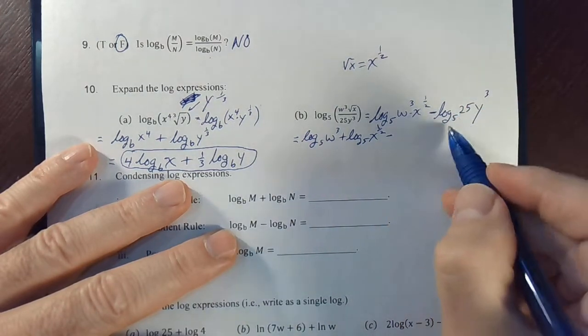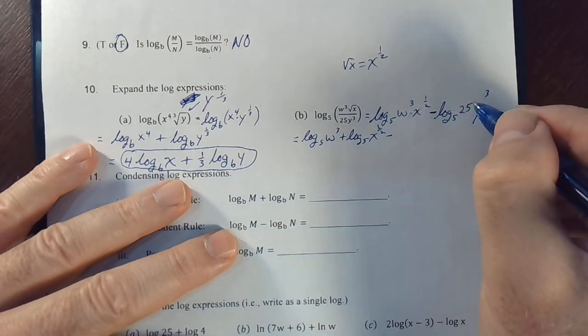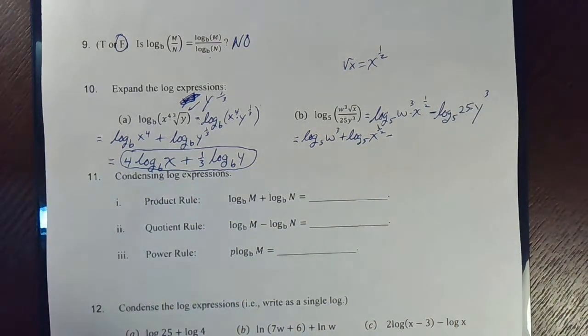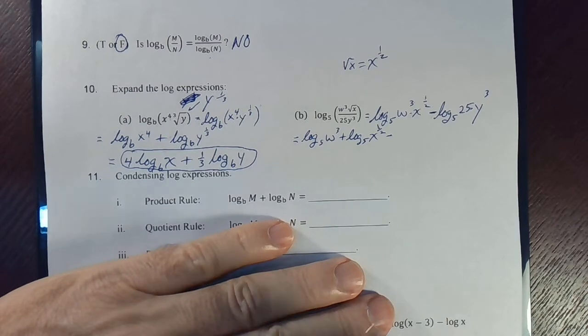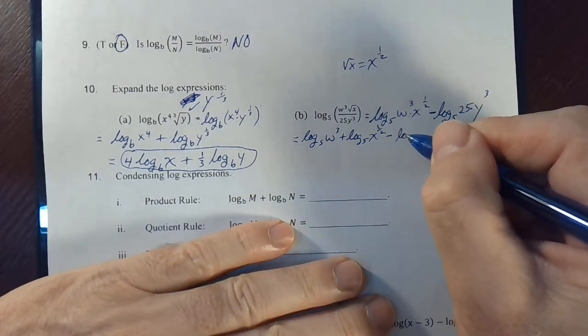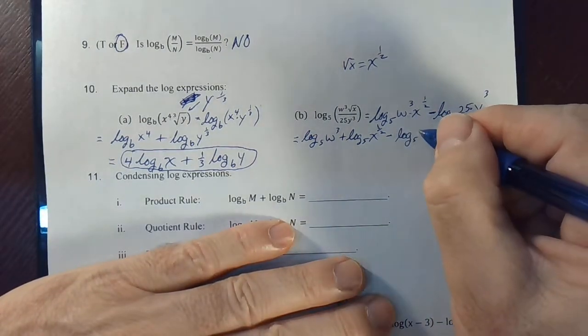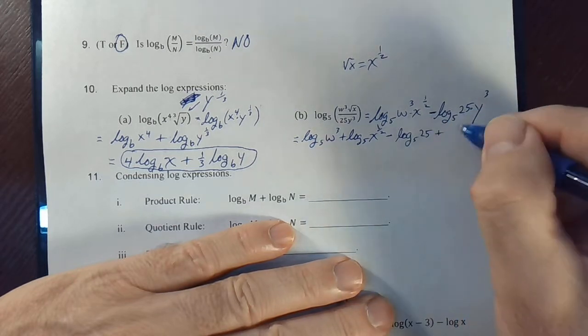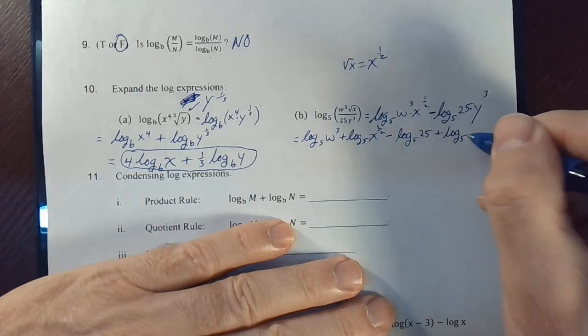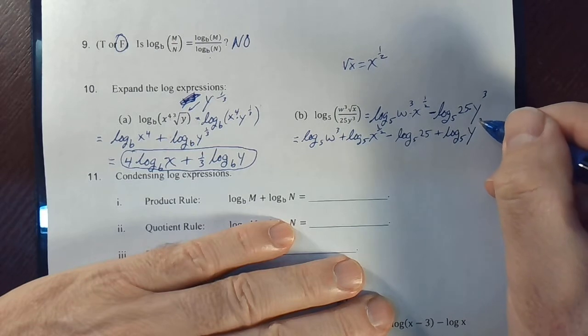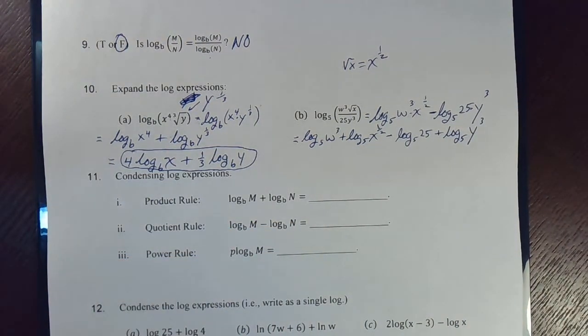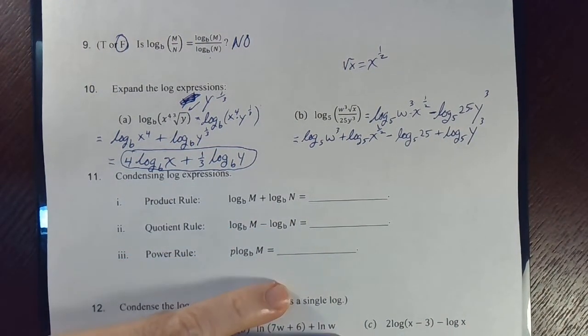Minus, and now let's do the same thing with this. It's 25 times y cubed minus log base 5, 25, plus log base 5 y cubed. Now, did I do that one entirely correctly?